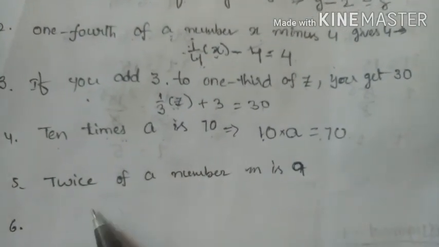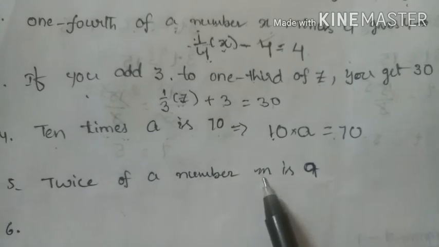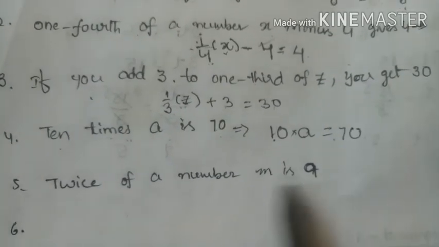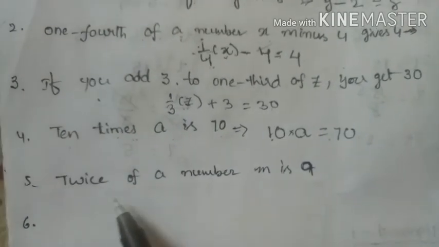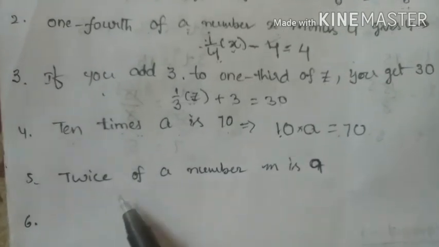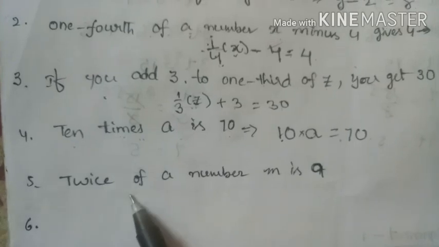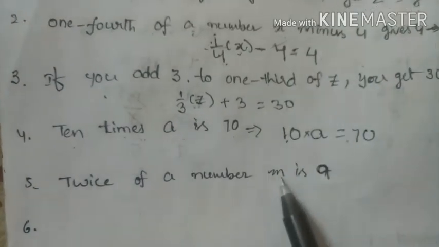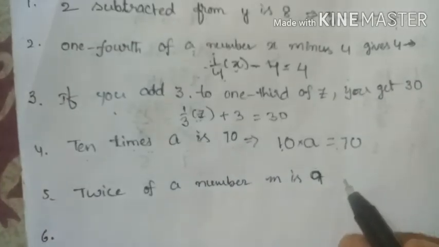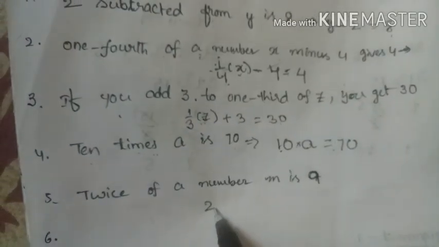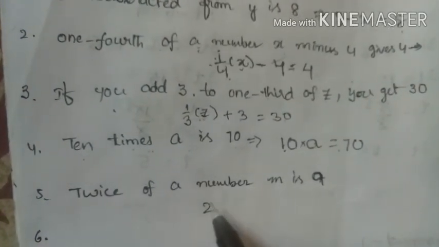Clear? Next one. Twice of a number m is 9. Twice means 2 times. Thrice means 3 times. So twice of a number m, the variable is m. Twice means 2 times, of means multiplication.